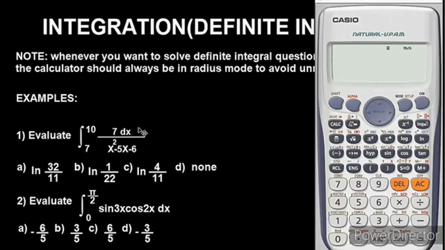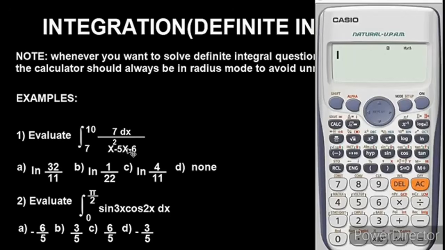What this means is, if you are asked to read this question, instead of saying evaluate the integral 7 over x squared minus 5x minus 6, you say evaluate the integral function 7 over x squared minus 5x minus 6.